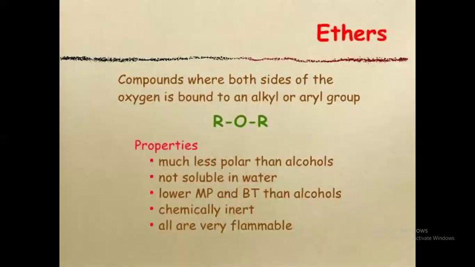Ethers are compounds that have ROR: alkyl group, oxygen, alkyl group. It may be ROR, it may be aryl oxygen alkyl, it may be aryl oxygen aryl. So it can be an aromatic group or an alkyl group. Ethers generally have less polarity compared to alcohols. Alcohols have the OH group, which is polar.